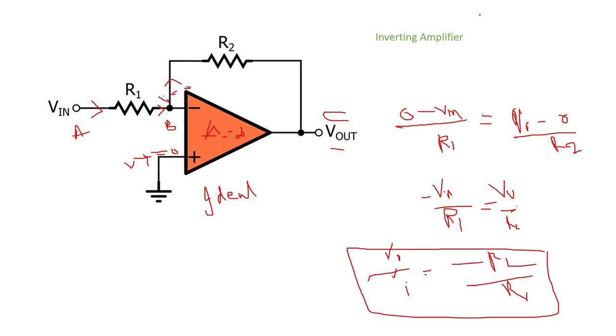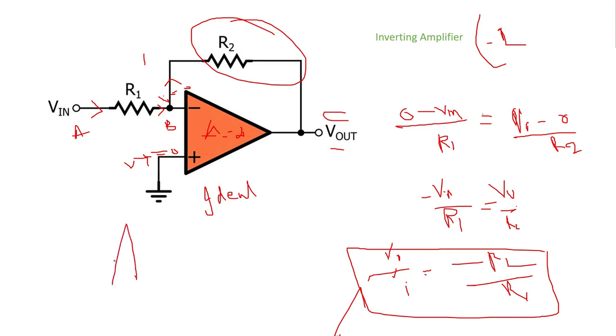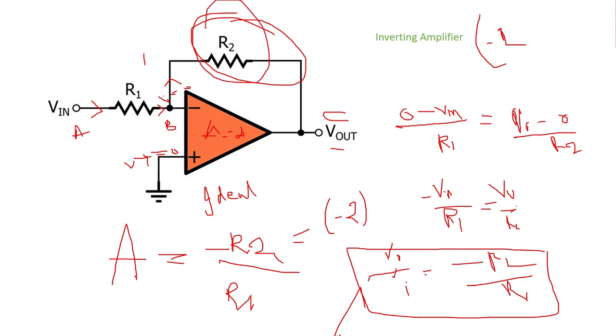So if the question asks you to design an op amp with a gain of minus 2, you need to choose the values of R1 and R2 in such a way that the gain A, which is equal to minus R2 by R1, is equal to minus 2.